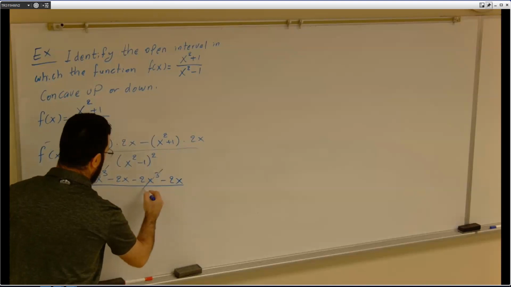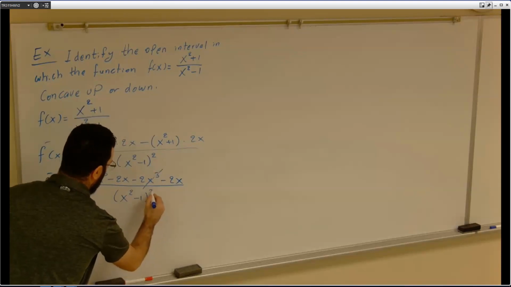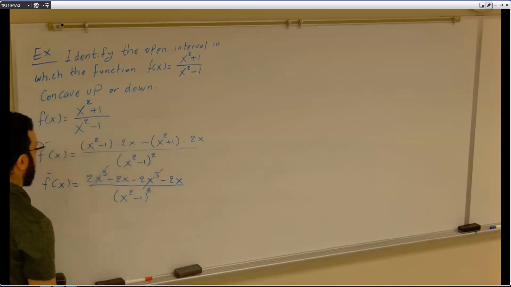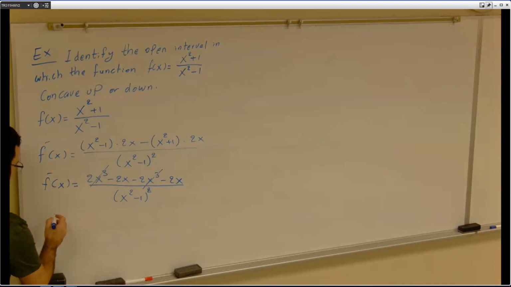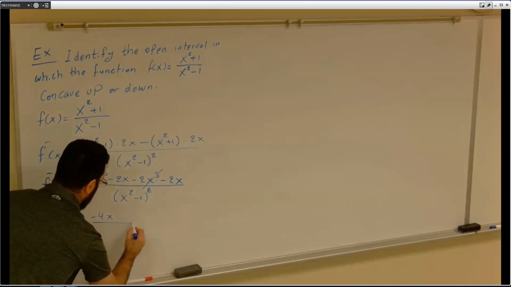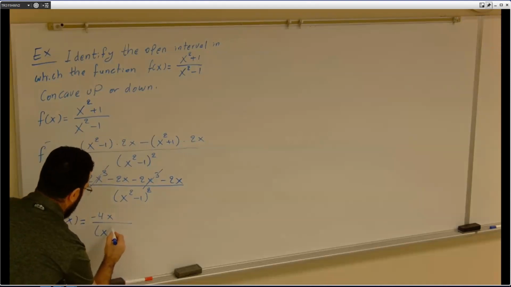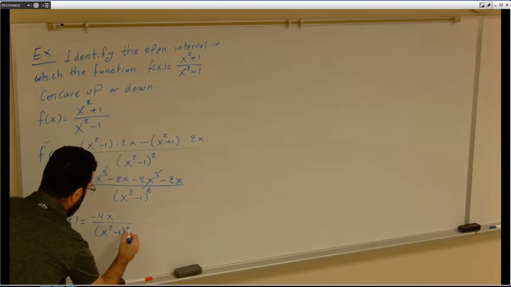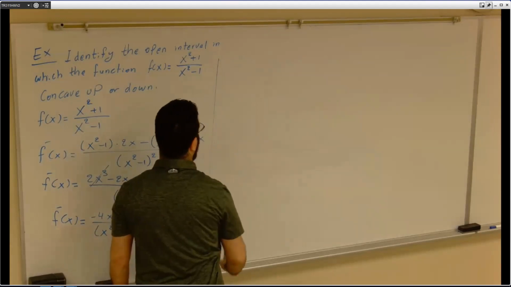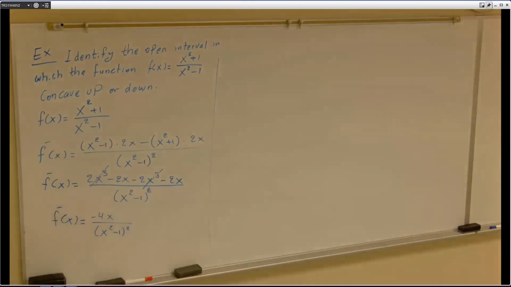Cancel these, over x squared minus 1 squared. f prime of x is going to be negative 4x divided by x squared minus 1 squared. This is just the first derivative. I'm telling you, here's the important step when you're trying to find the derivative.